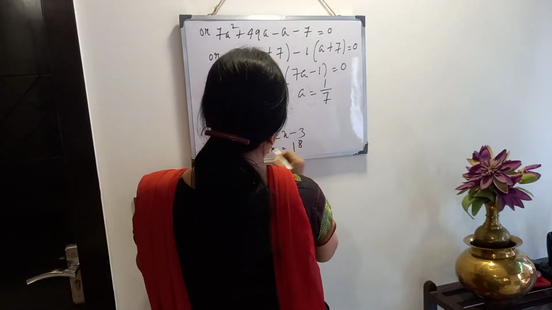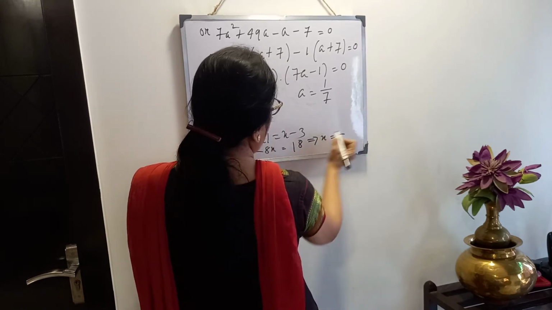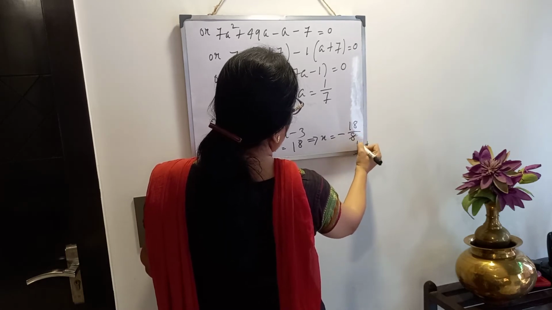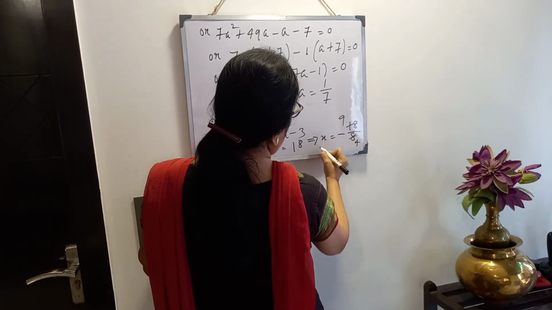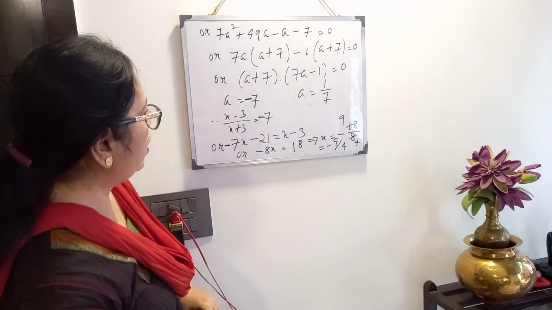So x equal to minus 18 by 8. Now by 2, 1 value we are getting minus 9 by 4, clear.